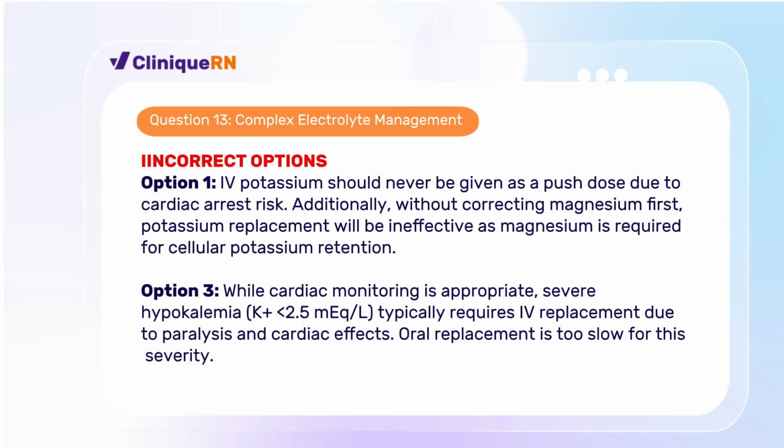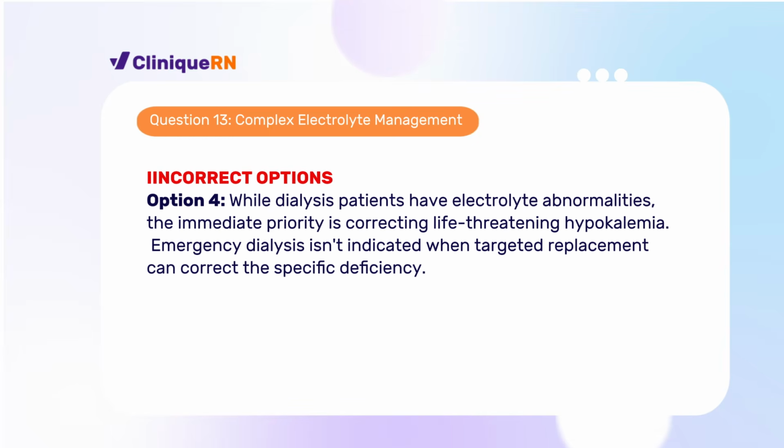While cardiac monitoring is appropriate, severe hypokalemia, K plus less than 2.5 milliequivalents per liter, typically requires intravenous replacement due to paralysis and cardiac effects. Oral replacement is too slow for this severity. Option 4. While dialysis patients have electrolyte abnormalities, the immediate priority is correcting life-threatening hypokalemia. Emergency dialysis isn't indicated when targeted replacement can correct the specific deficiency.